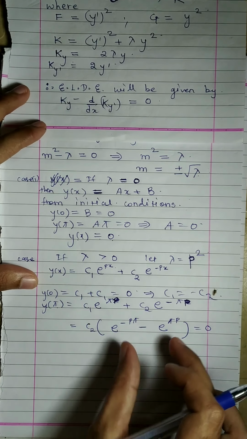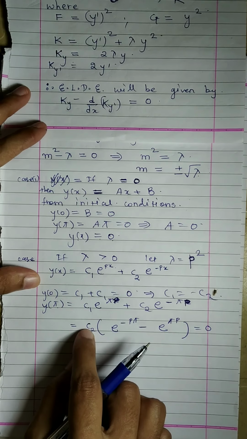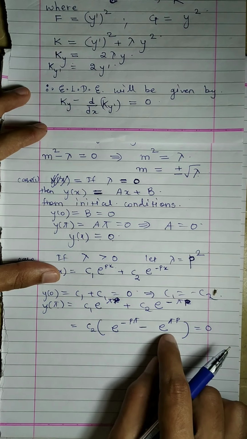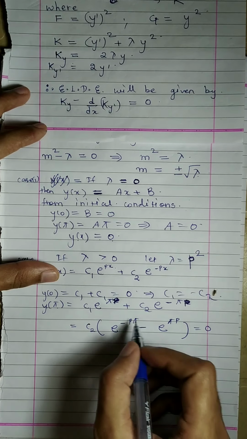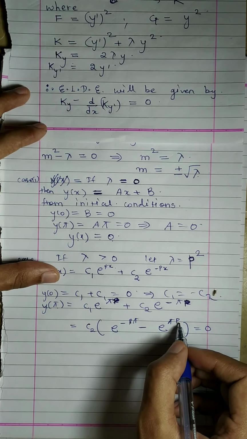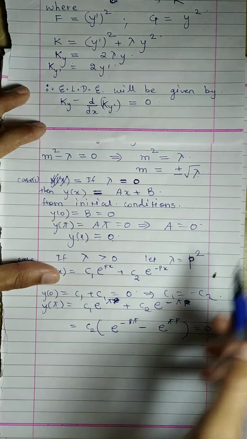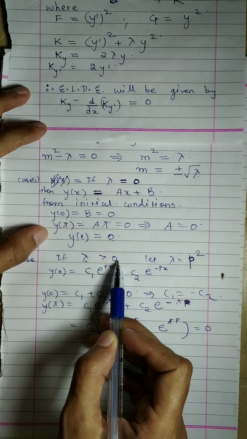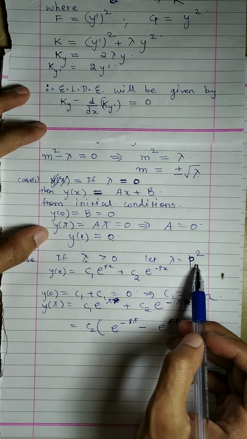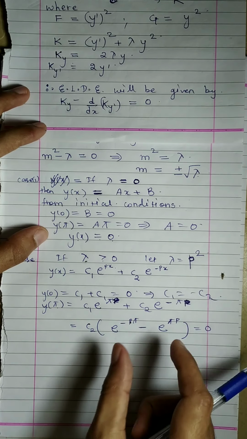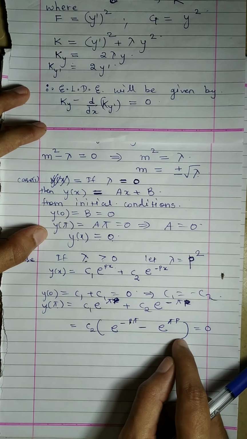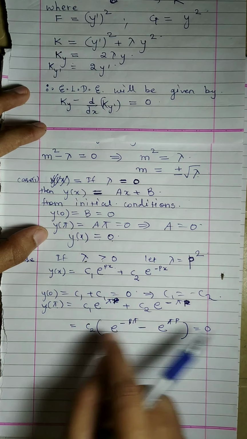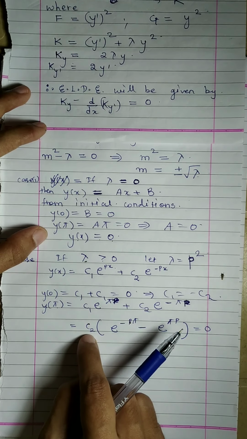Now this into this is equal to 0. What does that tell us? Either this is equal to 0 or this is equal to 0. But because the exponential function is one-to-one, this will be equal to 0 only if p is equal to 0. But we have said that lambda is strictly greater than 0. Therefore p cannot be equal to 0, and hence this quantity is not 0 and therefore c2 is equal to 0.